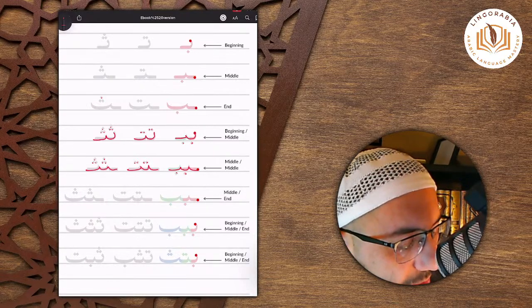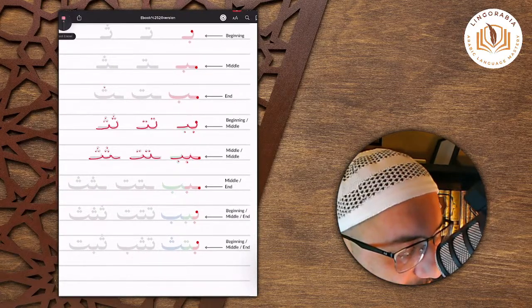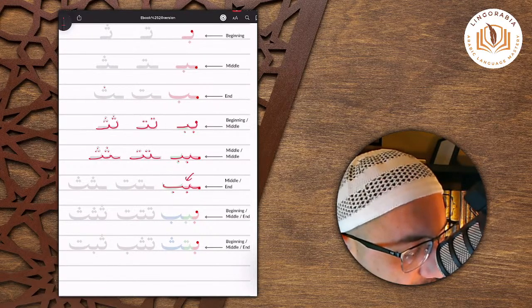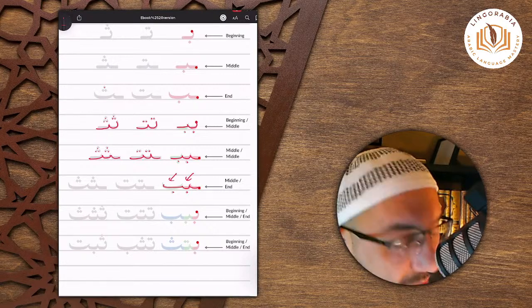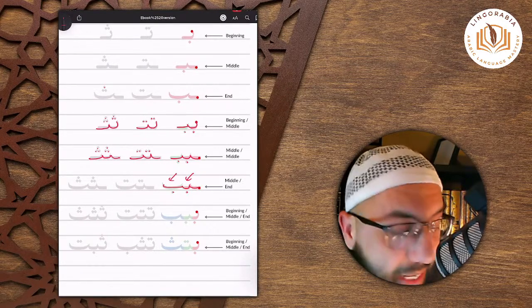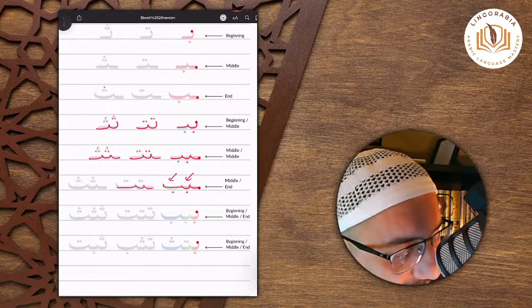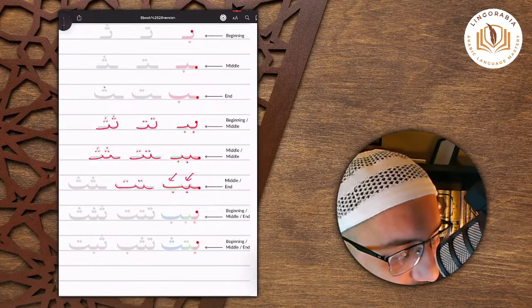And then we got two bas at the end. You see, the middle ba smaller, and the ba at the end bigger. Then we got here two times the ta, two times the tha.